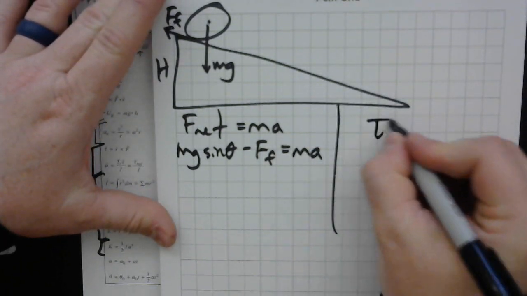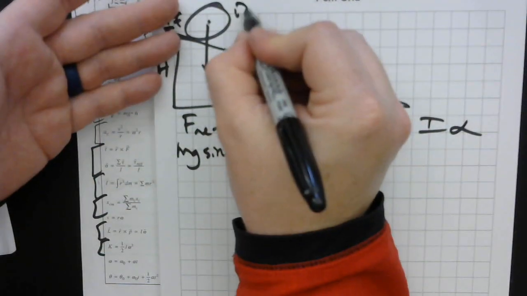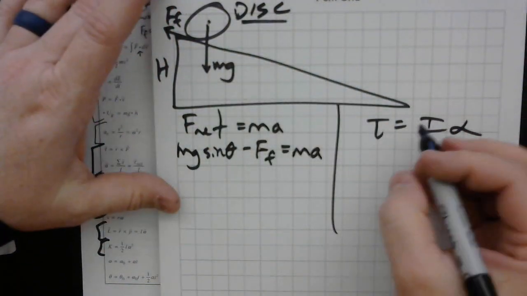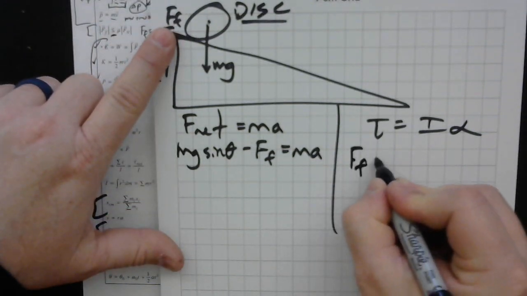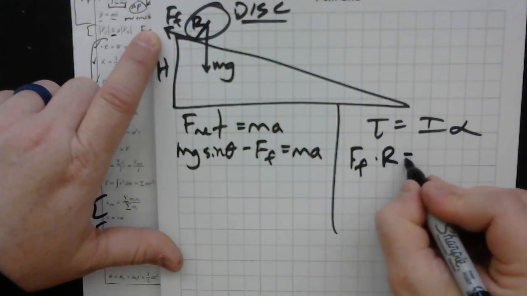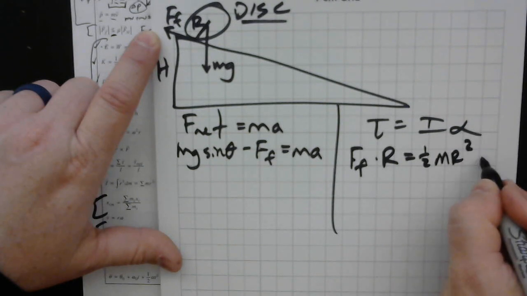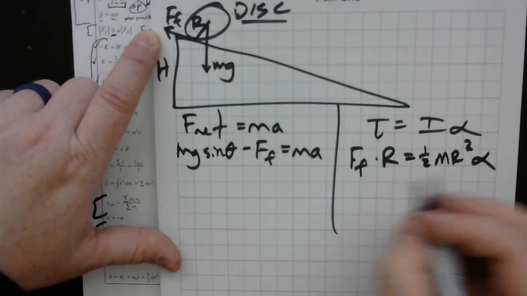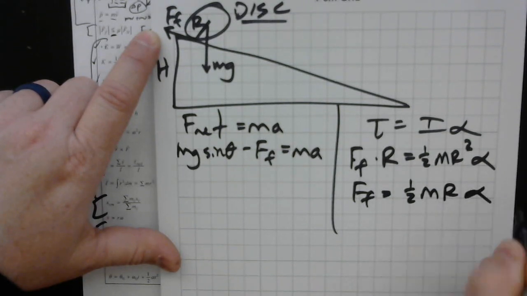If I go to torque world, torque is I alpha. Again, let's say this is a disk, just so we have consistency. So what causes the torque? Friction. Force of friction times radius, r, equals I, 1/2 mr squared, times alpha. So I get force of friction is 1/2 mr alpha.